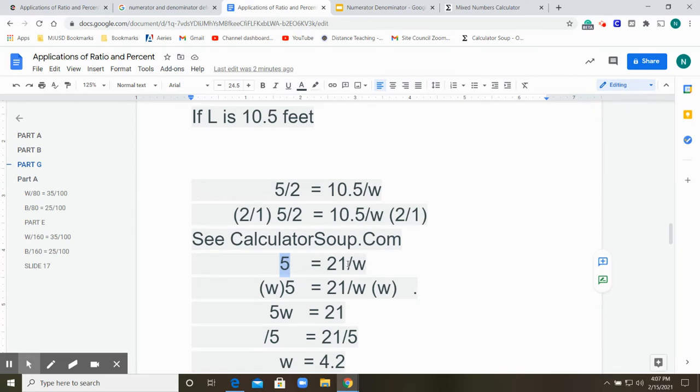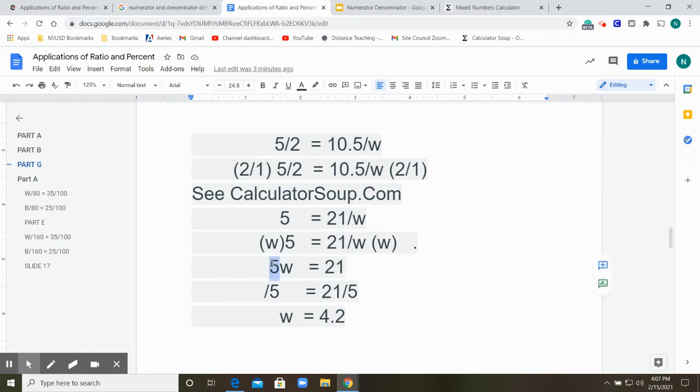So then we want to get rid of the W on this side to get the variable by itself. In order to undo divided by W, we multiply by W as shown here. So that would cross that out and do the same to the other side. W times 5. 5W equals 21.